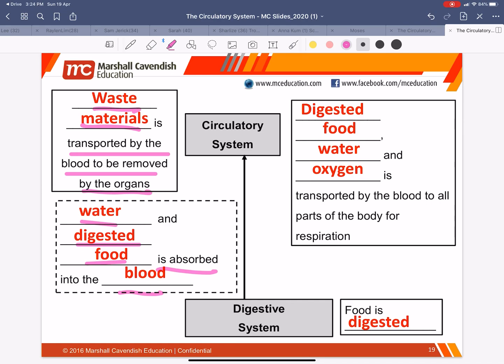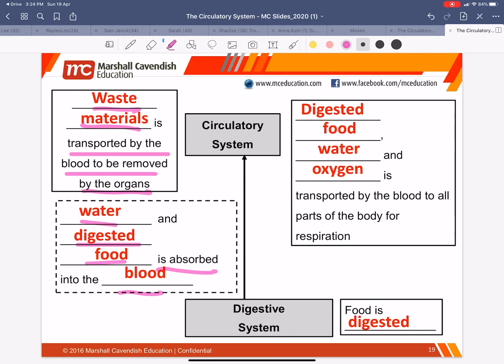For example, if you're drinking a lot of water and there's excess water, you need to remove water, right? So that's where it will be transported to the kidneys and then removed as part of the urine, formation of urine as a waste product, alright? Just so that you know.